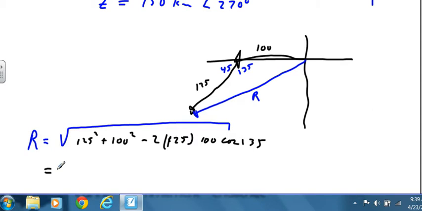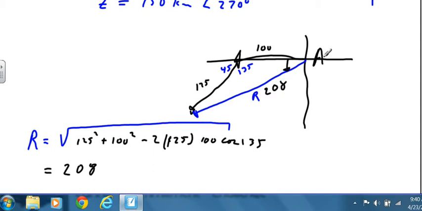All right. Square root of, thank you very much, calculator, for going to sleep, 125 squared plus 100 squared minus 2 times 125 times 100 times the cosine of 135, close parentheses, 208. All right, so I know that this is 208, and now I want to find that angle.